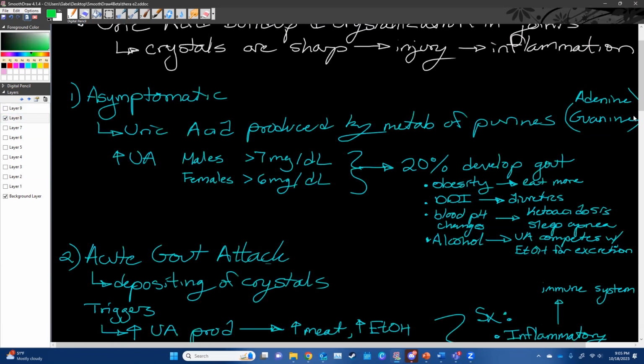The last drug that we need to talk about is, and if anyone needs me to go back, just let me know, pegloticase. No, I realized that.